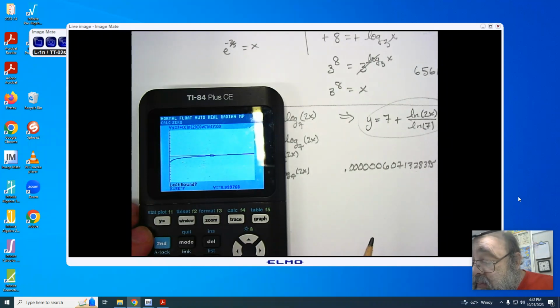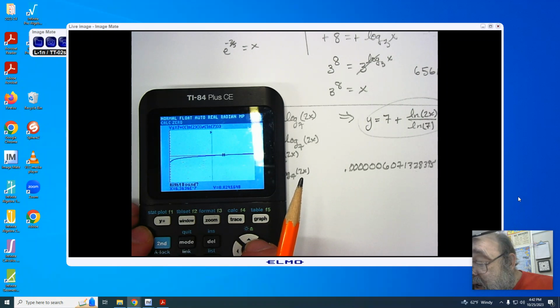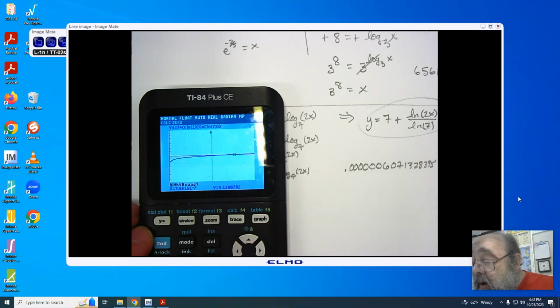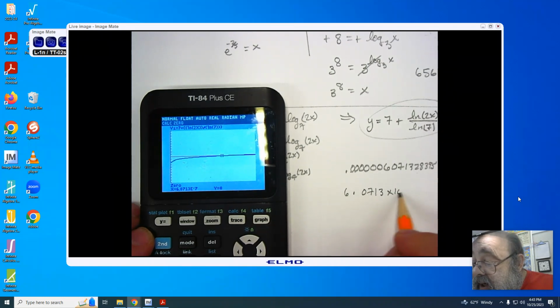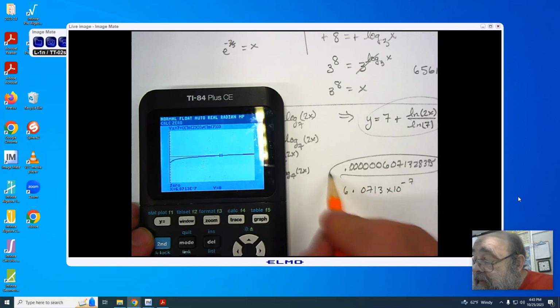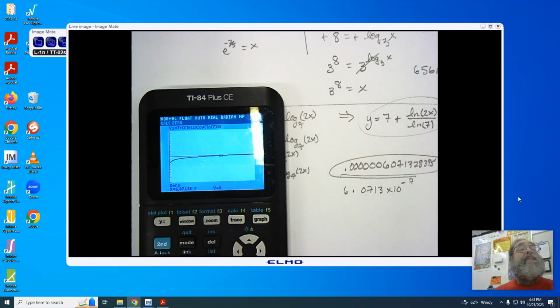We want to be below, see how it's negative. We're now going to move up until we have a positive. It is now in the positive region. And notice I get 6.0713 times 10 to the negative 7th. And that's what we have right there.